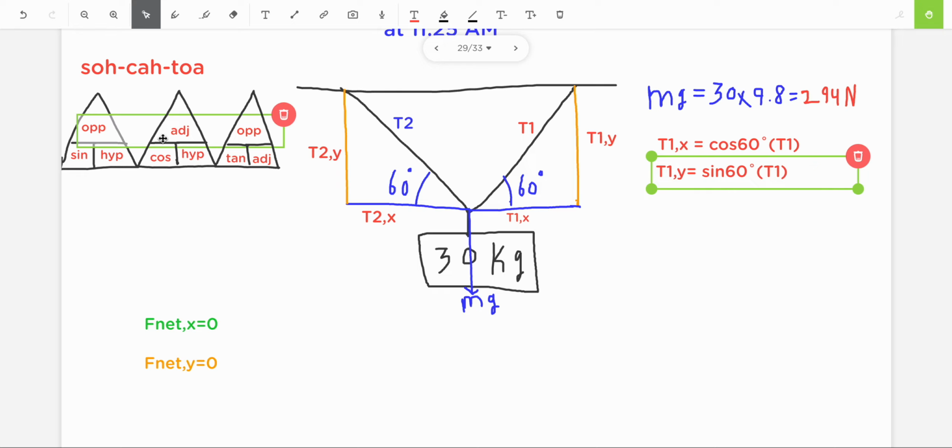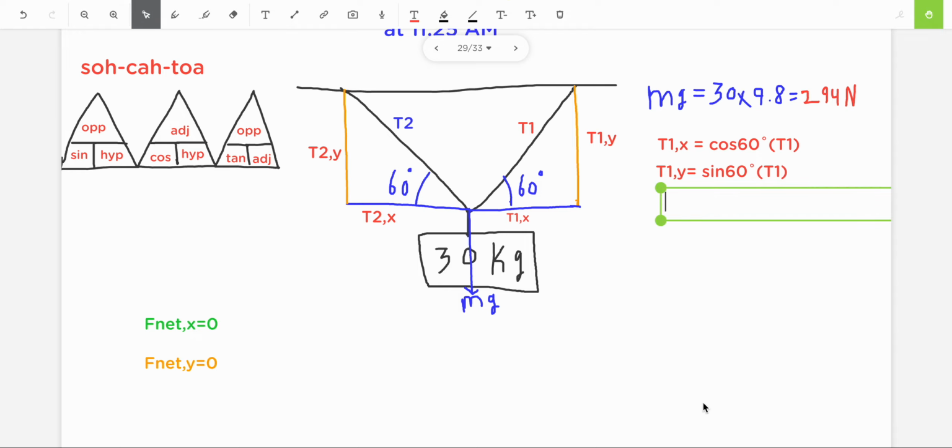To get the opposite, T1y, we should multiply sine with the hypotenuse, as shown here. Let's continue.